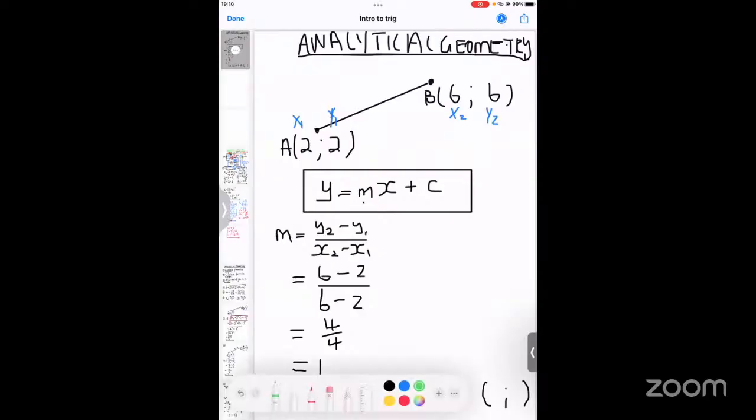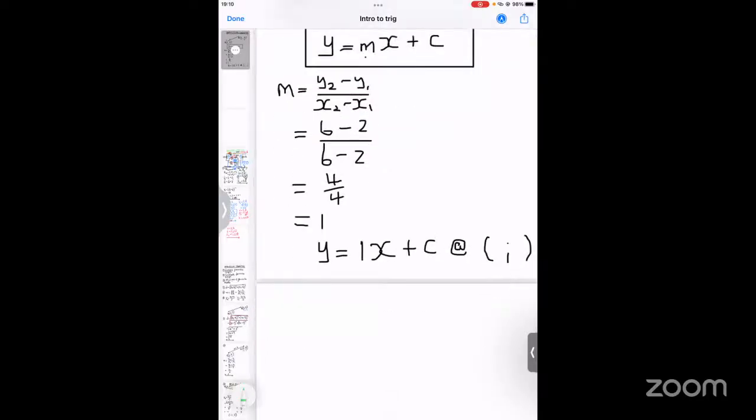One can choose point A, another can use point B. You will get the same answer. I always use an easy point. An easy point is the one that has positive values, positive x, positive y. But in this case, both are easy points. I'll just use the one with smaller values.